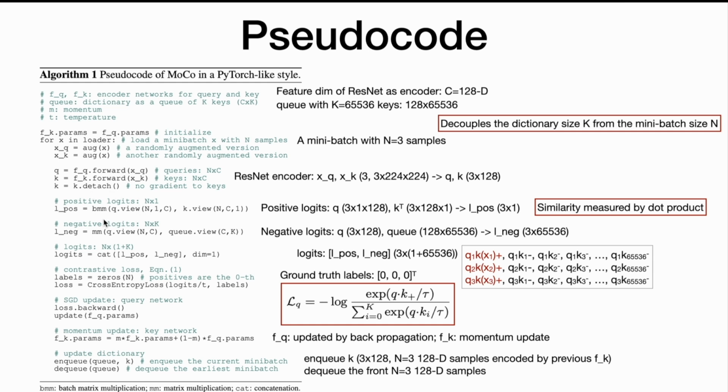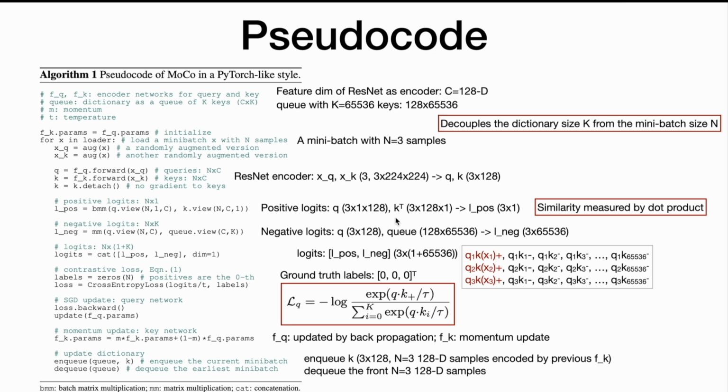Then we calculate the positive logit, which is a dot product between the query and the positive key. The encoded query is 3 128-dimension features, and the key has a similar dimension.